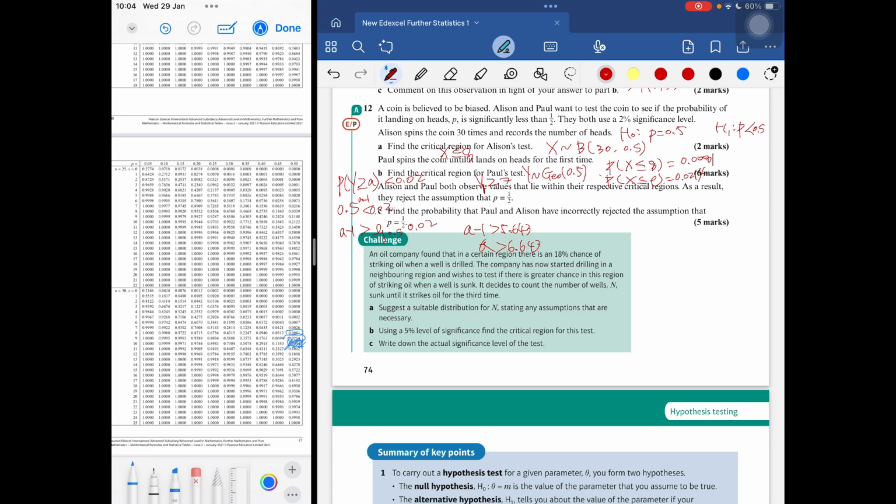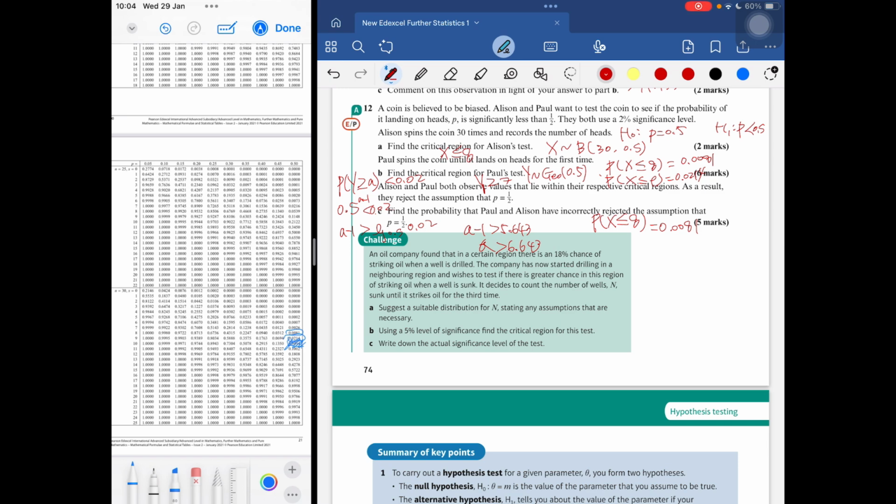So the probability X is smaller than or equal to 8 was 0.0081. Here it says incorrectly rejected the assumption that p equals 1/2, which means this is true, but maybe by mistake or some bad result. So they reject the H0.